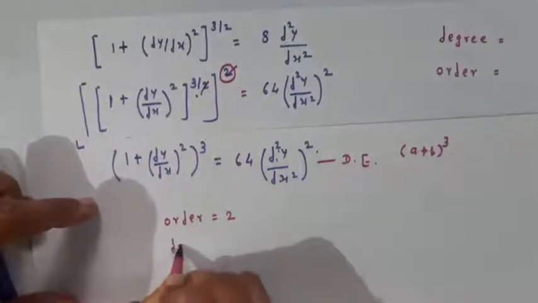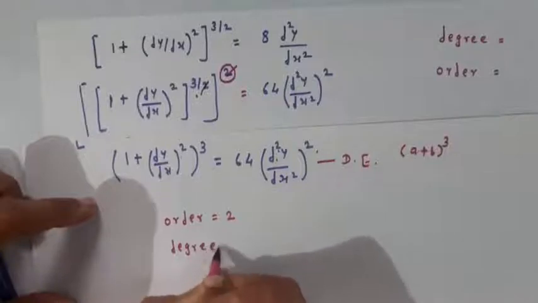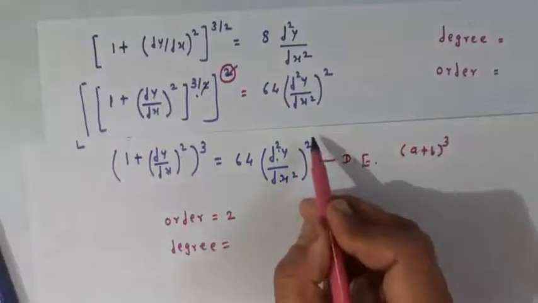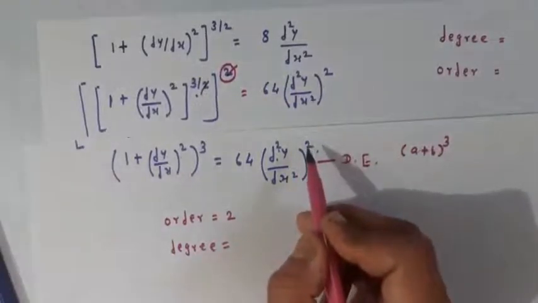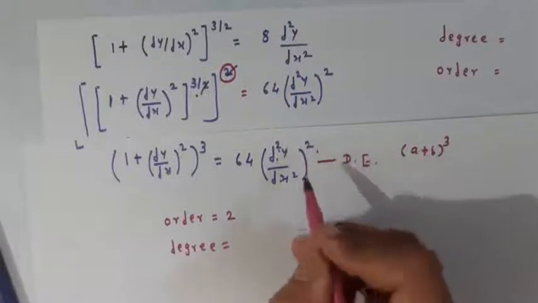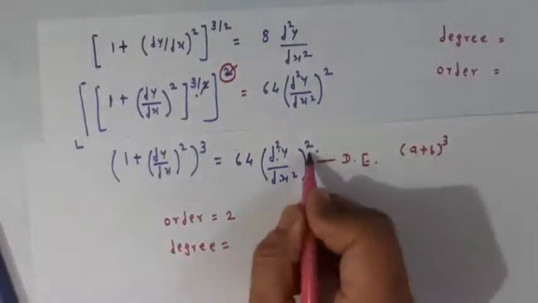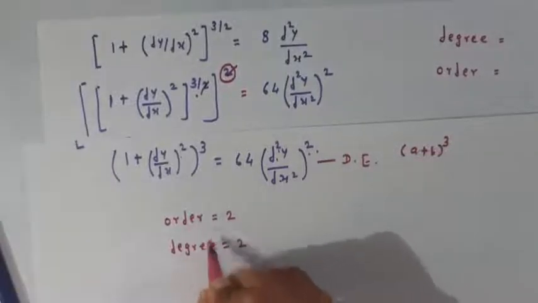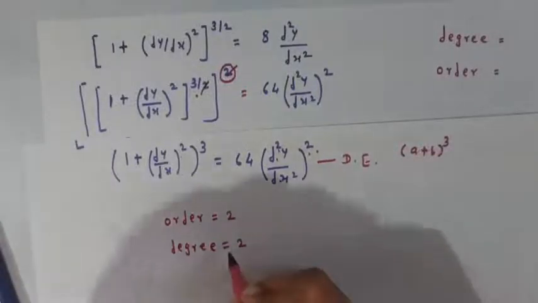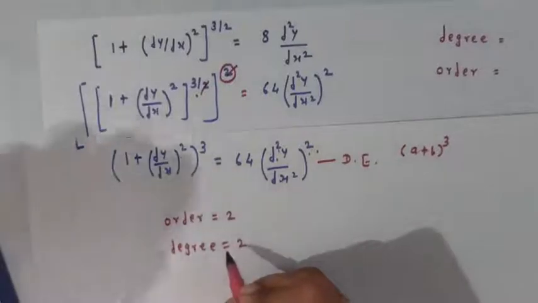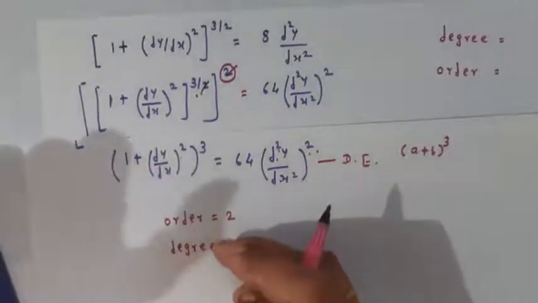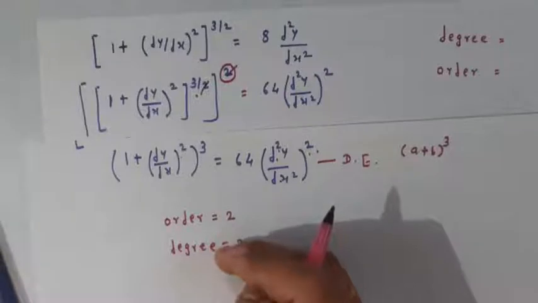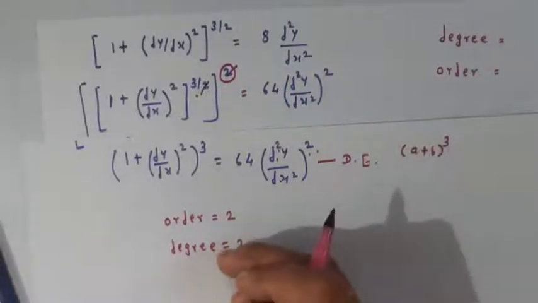Degree means the power of the highest order derivative. What is that power? It is again 2. So here the order is 2 and the degree is 2 for this differential equation. In this way we can find the order and degree of a differential equation.